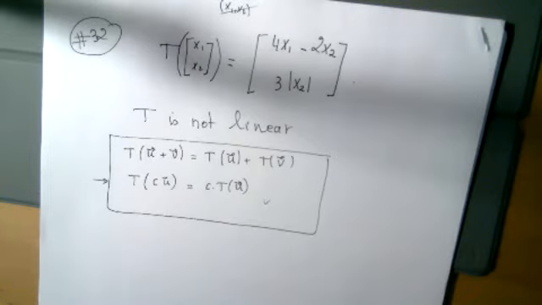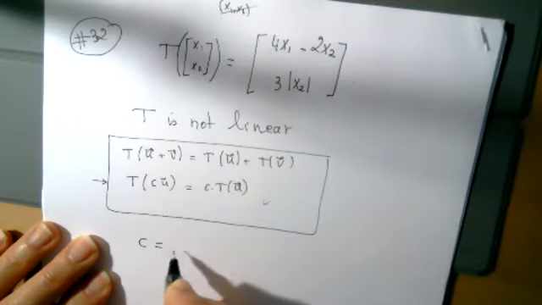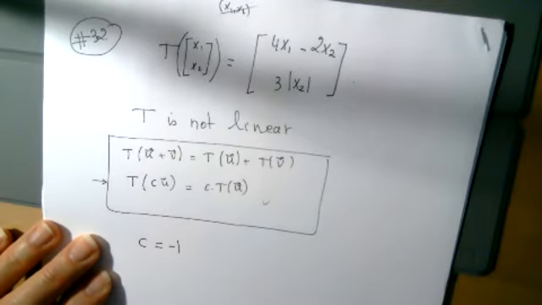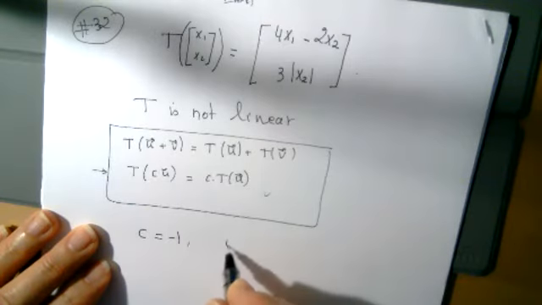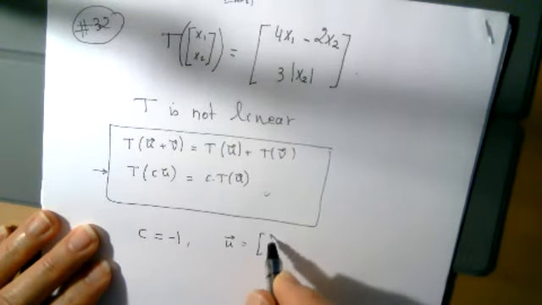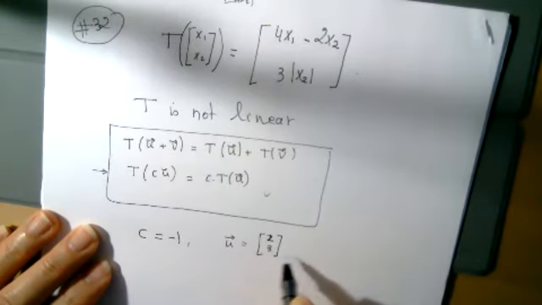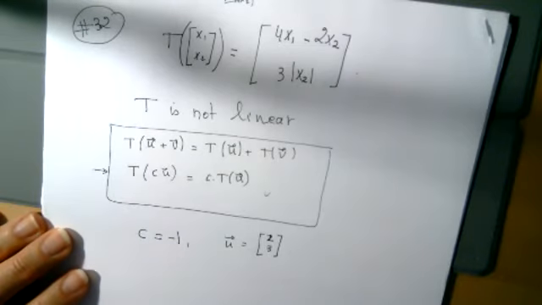The scalar should be negative. So, we will see why the scalar should be negative. I'm going to take c to be -1. And u, does it matter? No, I don't think so. Let's take u to be the vector 2, 3. In a minute, you will see what's causing this, why we need a negative scalar. Of course, whenever there is an absolute value, negatives start giving me issues.